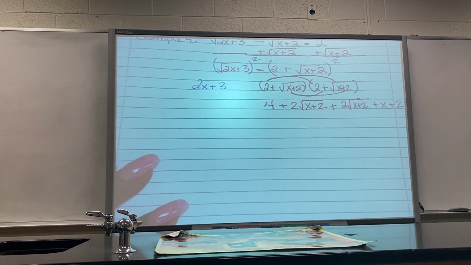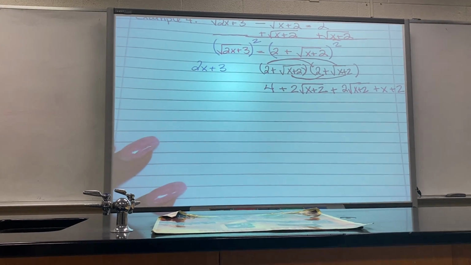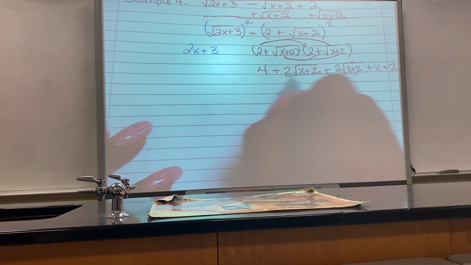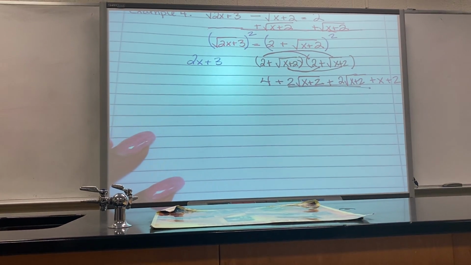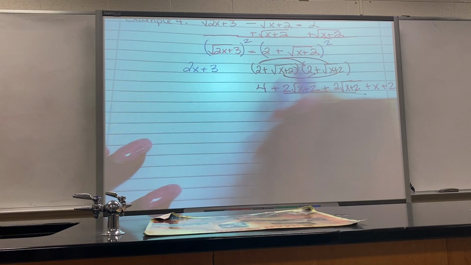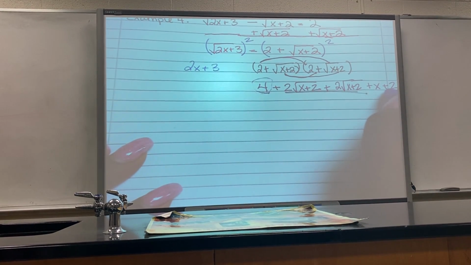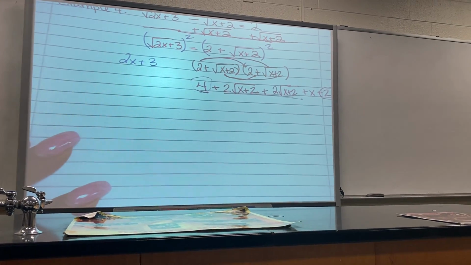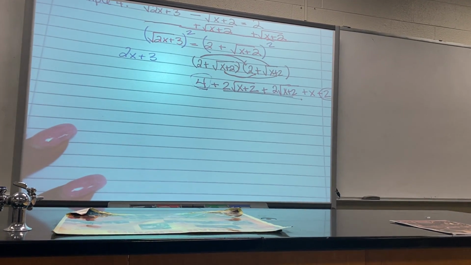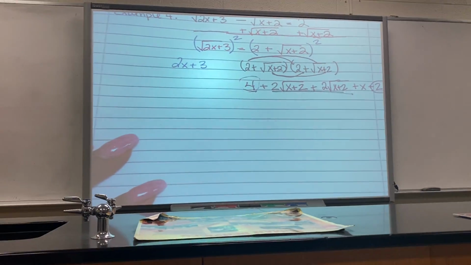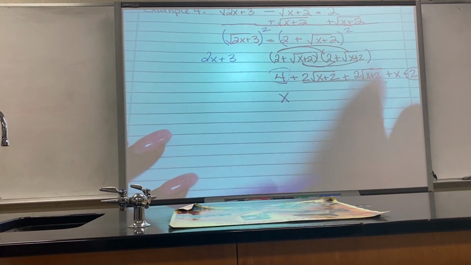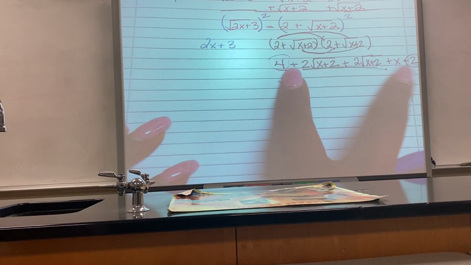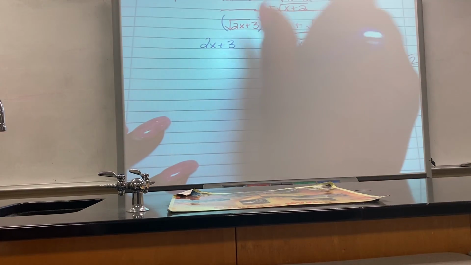Now, I do have like terms in here. I can combine these two together because they're both the same. And I can combine this 4 and that 2 because they do not have anything attached to them. So, and this is going to look real odd. I've got x because I got this random x out here by itself. Adding the 4 and the 2 together is going to give me 6.